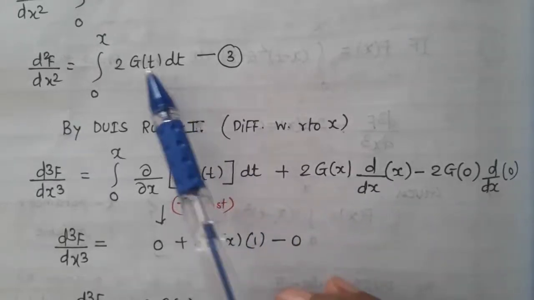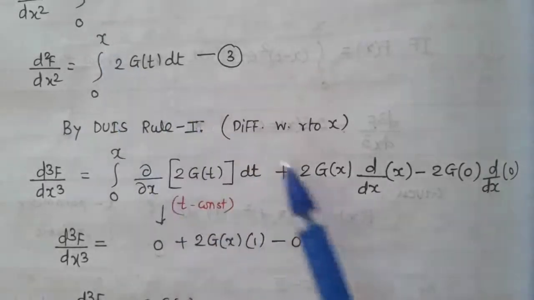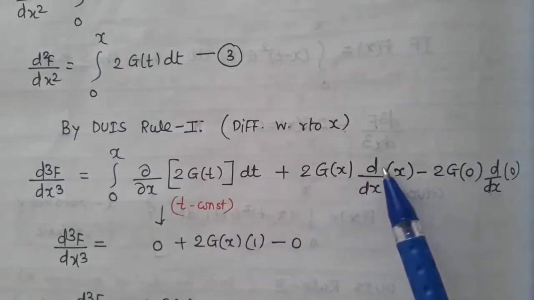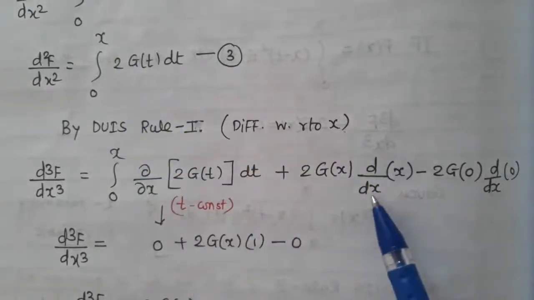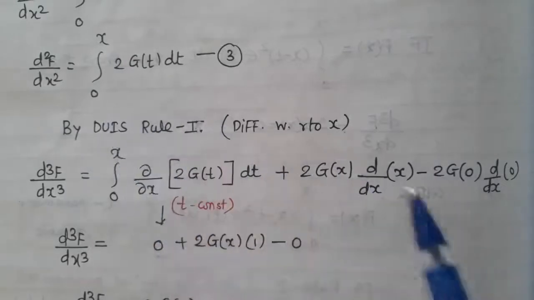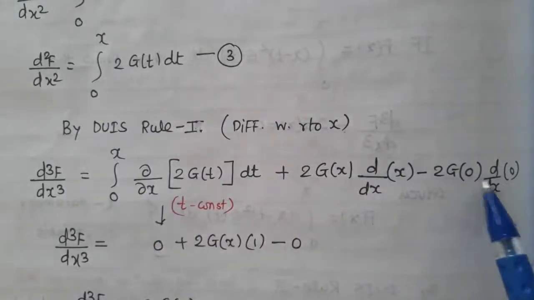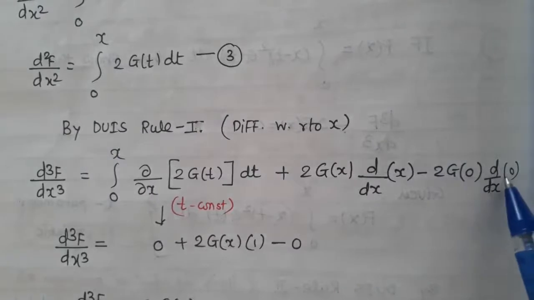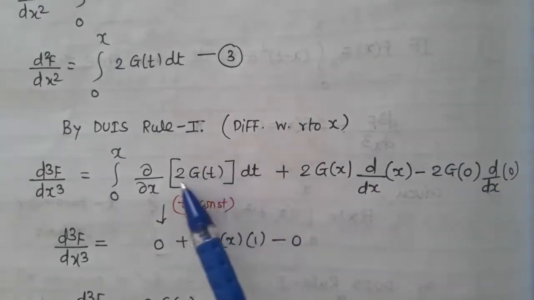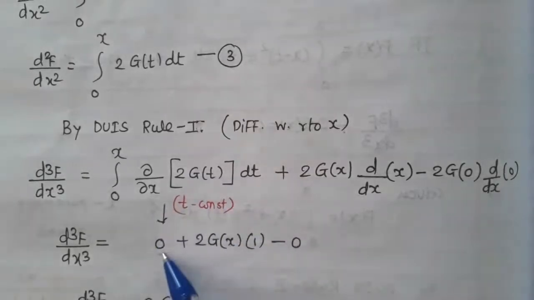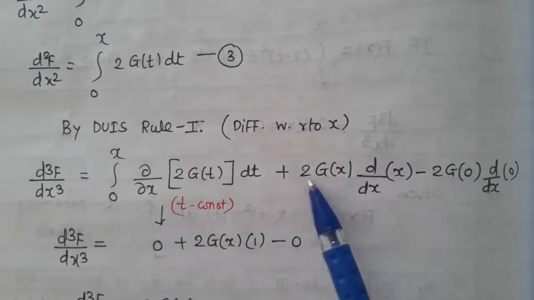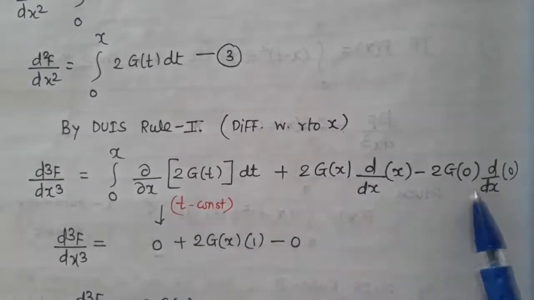That means replace this t by the upper limit x, so plus 2 times g of x, and derivative of the upper limit with respect to x, minus 2 times value of the function at the lower limit, minus 2 times g of 0 d by dx of 0. Here t is constant, so derivative of this whole function with respect to x becomes 0. Derivative of x is 1, so the middle term becomes 2 times g of x, and the last term becomes 0.